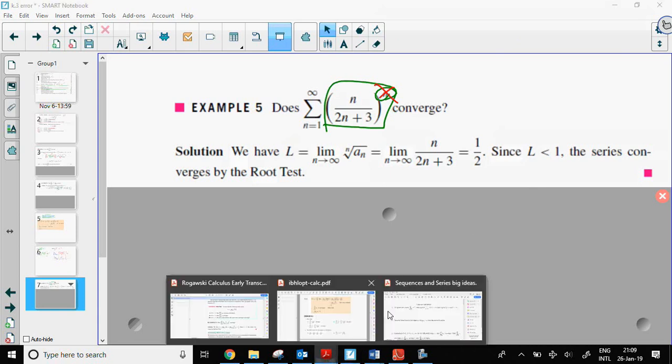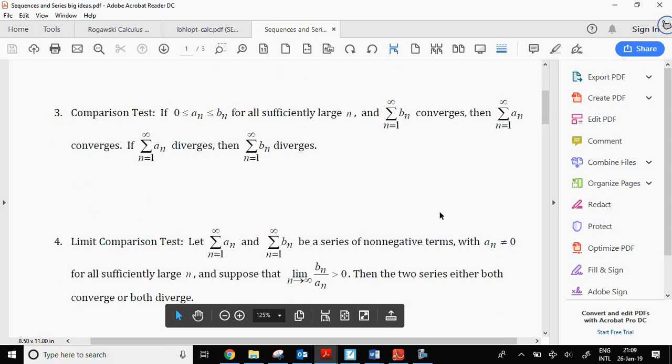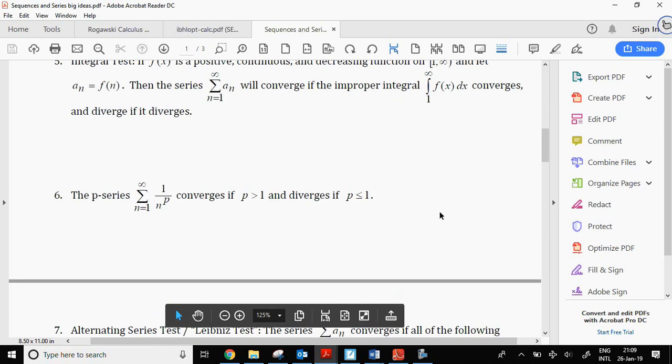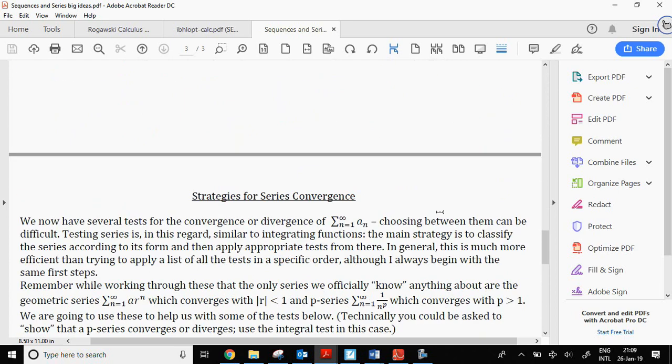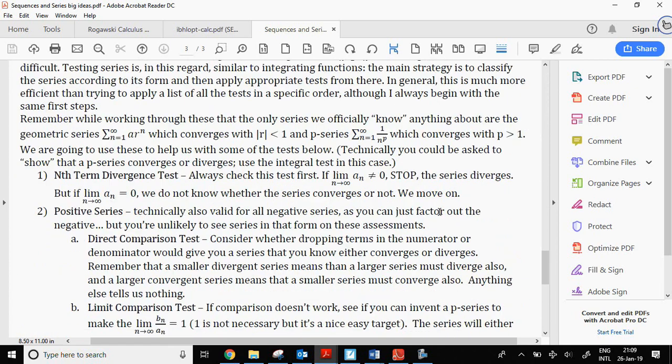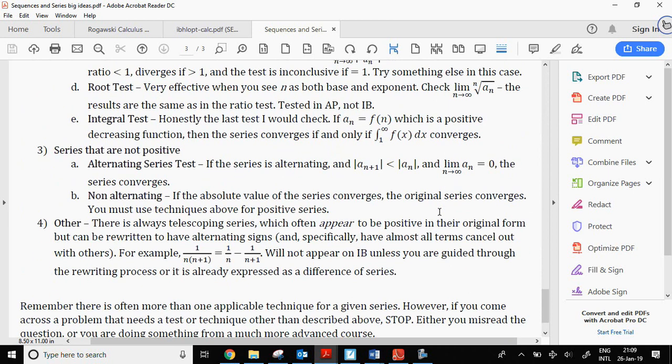This is a great time to go to the class site and download the sequences and series big idea document to take it all in one last time. Read through all the different tests that we have. At the end, I've got my own kind of order that I like to go through them, depending on what I see.